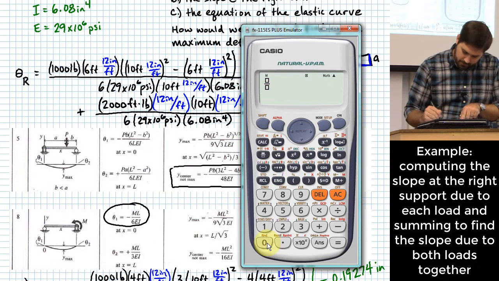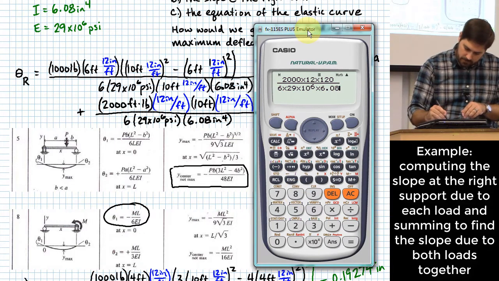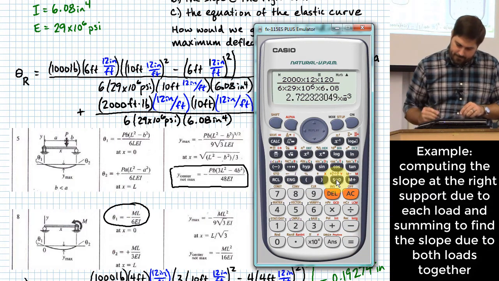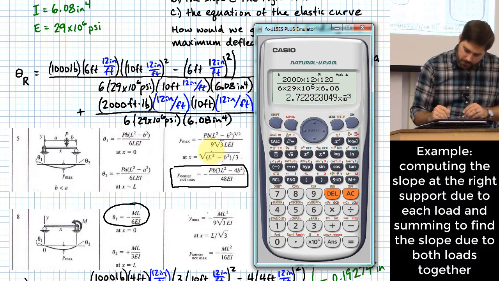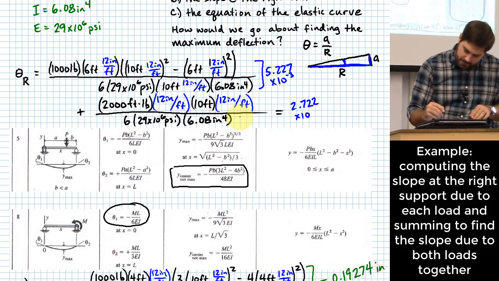2,000 times, okay, 12 times 120, all this divided by 6 times 29 times 10 to the 6th times 6.08. That's 2.722 times 10 to the minus third.